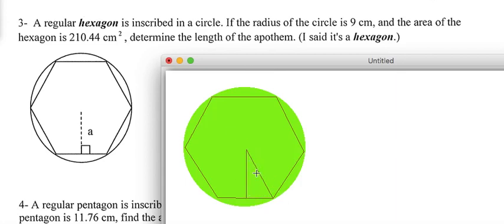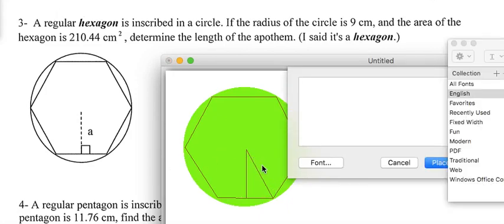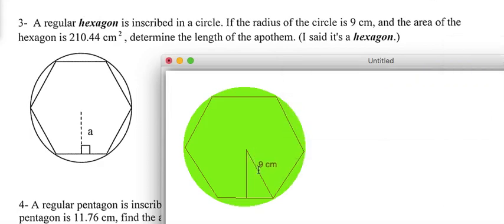In this case, since the apothem's missing, I have to know how long this side is and how long this side is. The hypotenuse is the radius of the circle going around the corners of the hexagon, so that radius, 9 centimeters, is also the length of the hypotenuse. So you can already write that in.